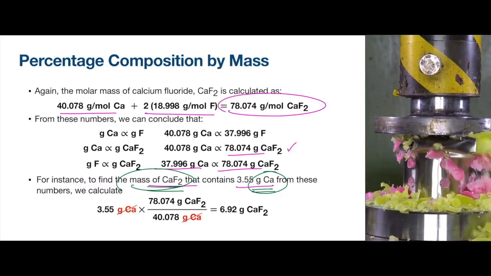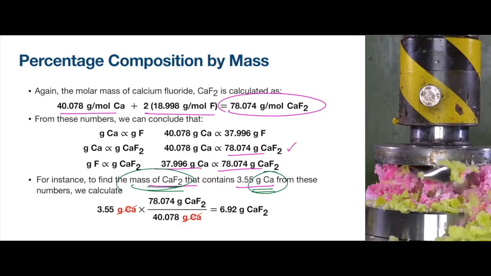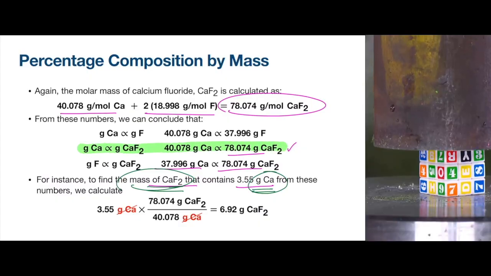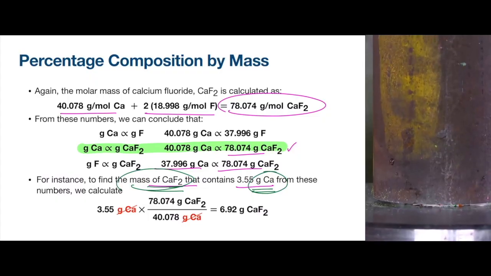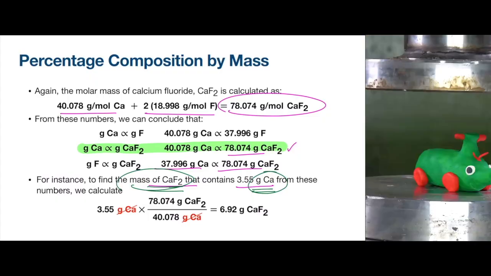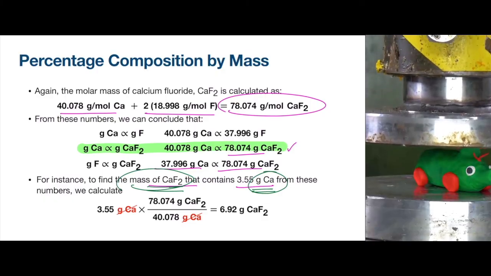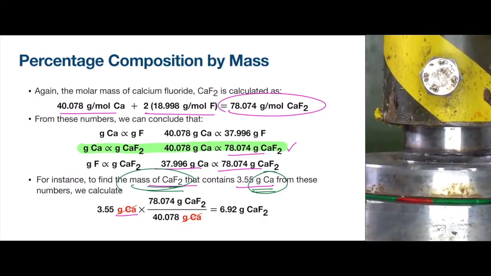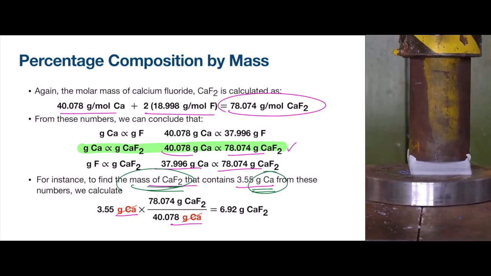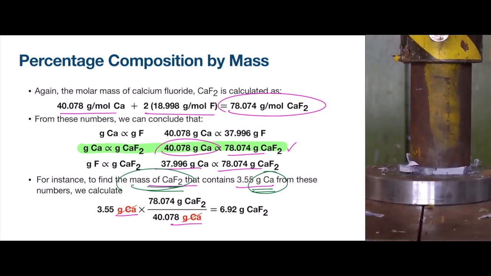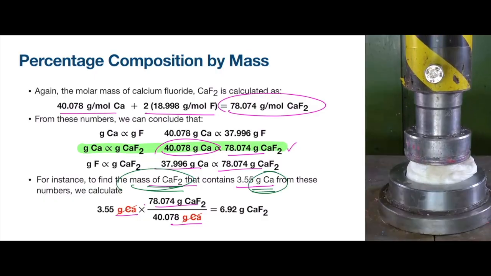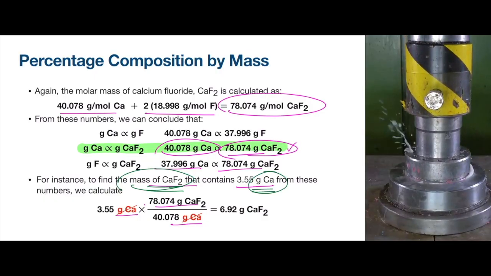We can see that relationship here. And since the given unit is grams of calcium, the value in the denominator is also the grams of calcium, which is this one. And our desired unit will be on top, which is the grams of calcium fluoride.